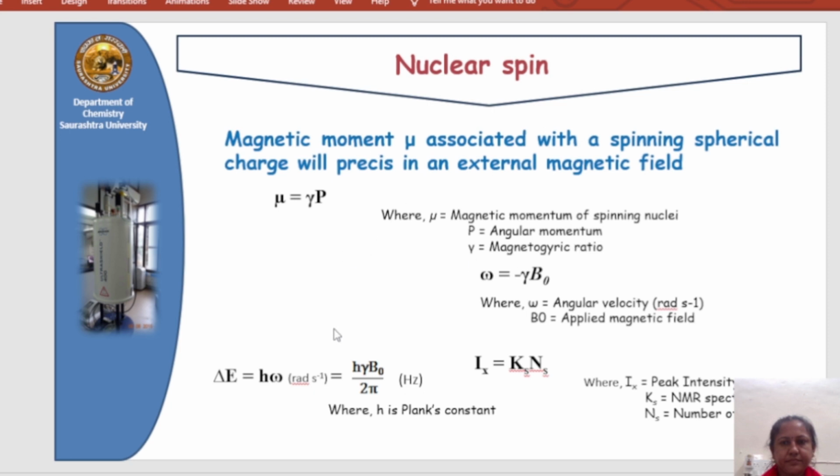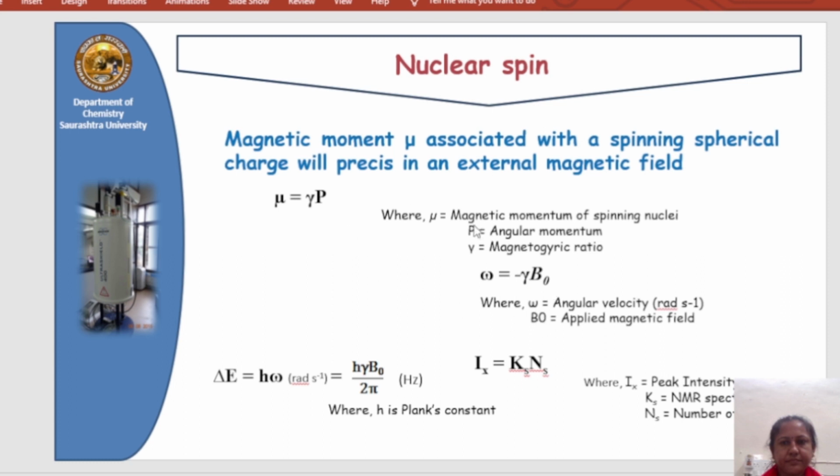P is the angular momentum. When we put it under the external magnetic field, it will slightly deviate, and that deviation is known as angular momentum. And eta is the magnetogyric ratio, which is a constant particular to certain nuclei.